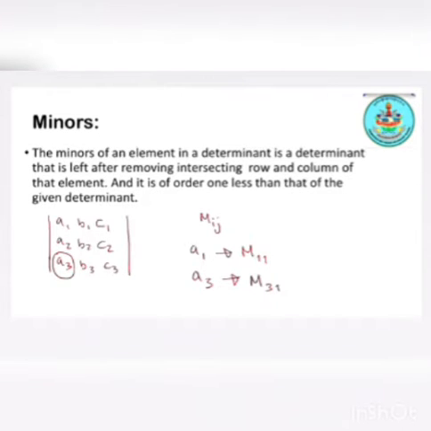Okay, so let me show you how to find the minors of the determinant using some numbers. Let's say we have -2, 4, 2, 1, 5, -3, -2 and 2.